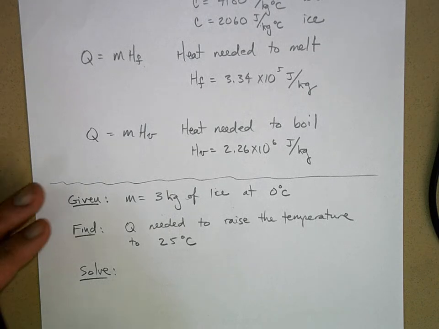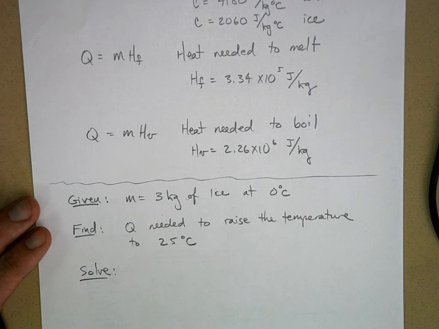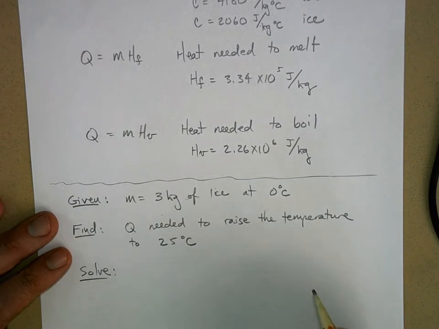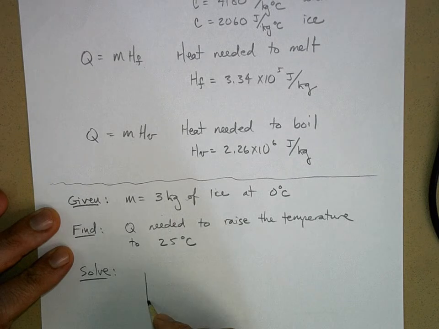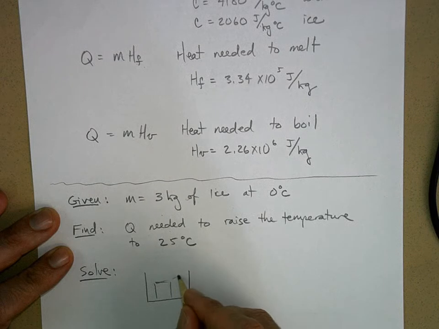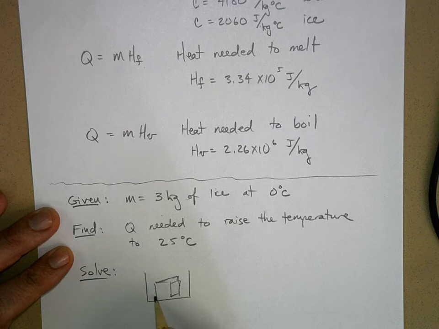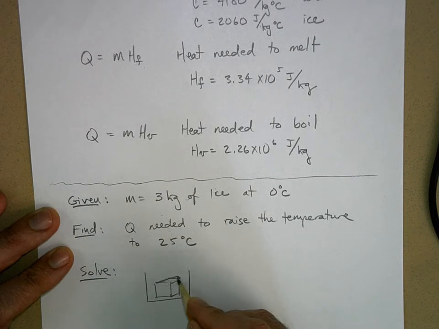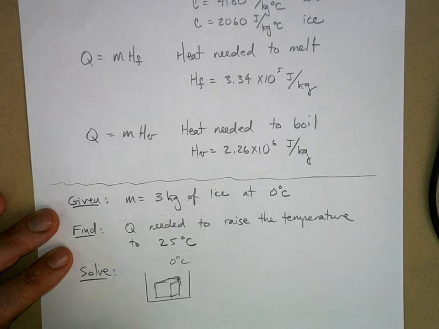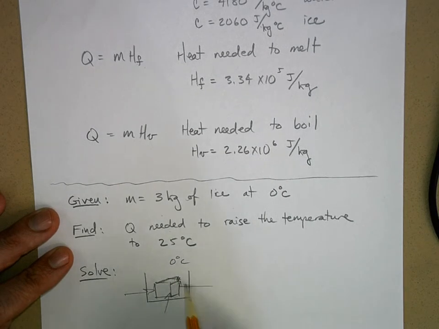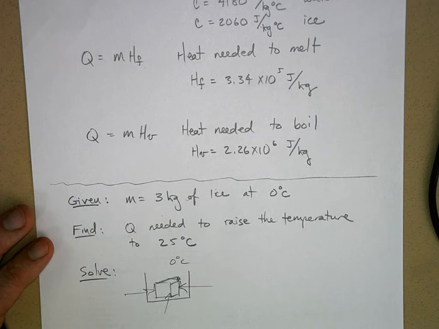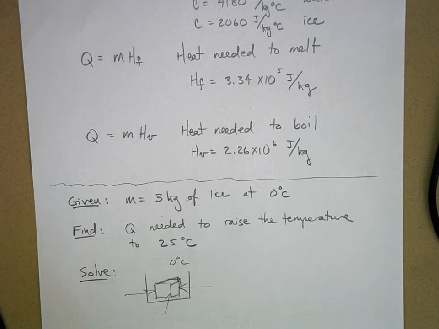Okay, how much heat will it absorb before it gets up to room temperature? Well, what do you have to do? You have this chunk of ice. Let's put the chunk of ice in some container. So here's your block of ice. Now it's at 0 degrees Celsius, so it's going to start melting. So as you put heat in, what's the first thing that's going to happen to the ice? Is the temperature going to go up at first?